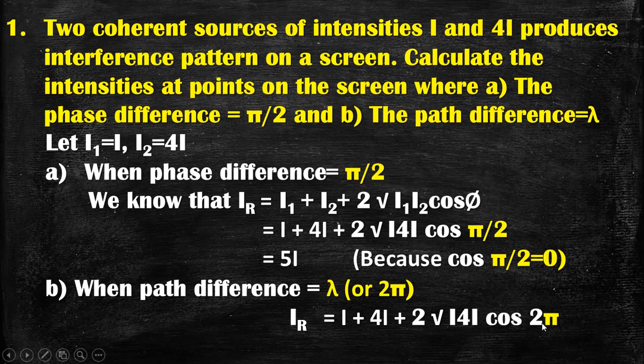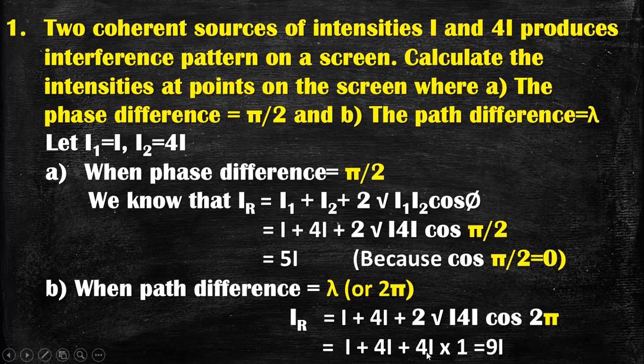So I becomes I as it is, this remains the same. 2 root I into 4I means root of 4I square, and when it comes out of the root, it becomes 2I.